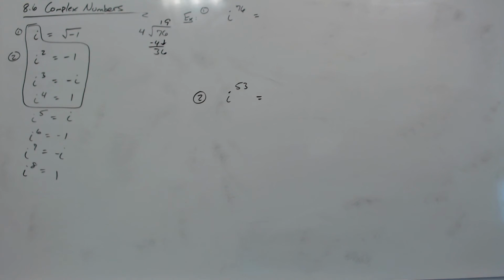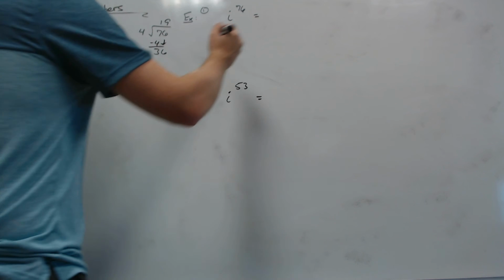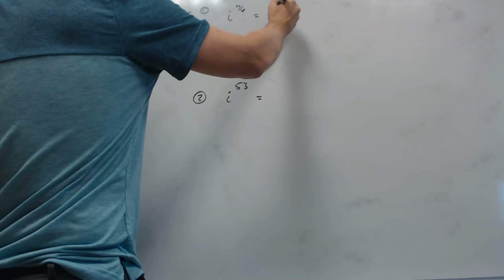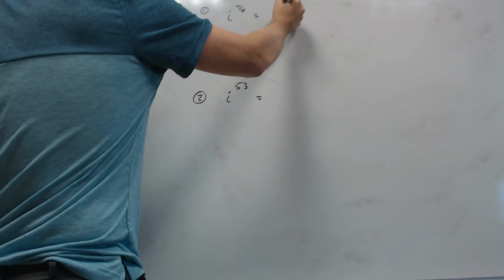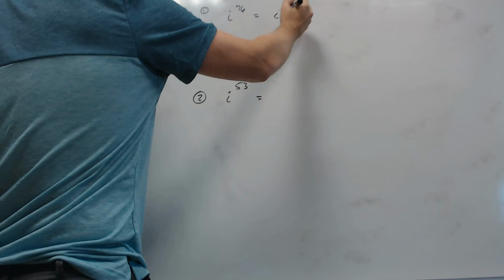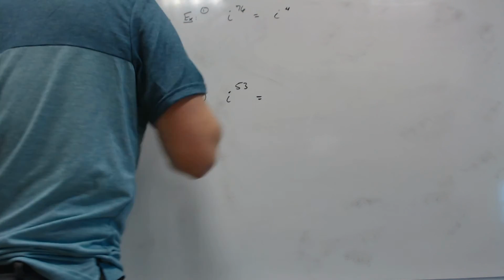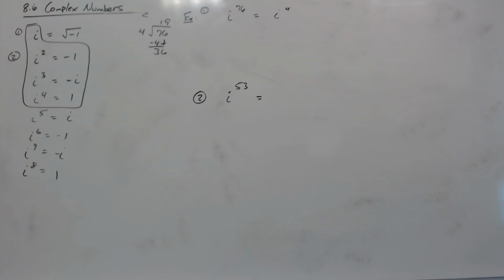So it goes into it perfectly. Since it goes into it perfectly, this is going to be the same as i to the fourth, since it is a multiple of 4.